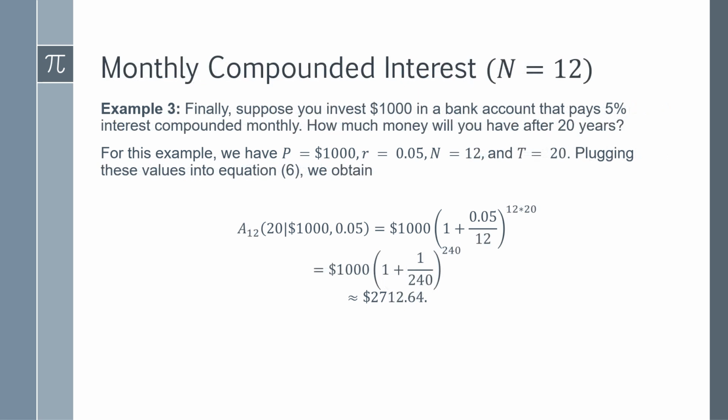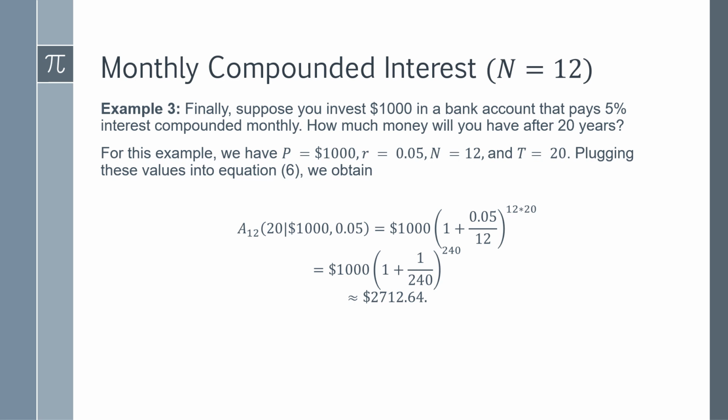Finally, suppose you invest $1,000 in a bank account that pays 5% interest compounded monthly. How much money will you have after 20 years? For this example, we have P is 1,000, r equals 0.05, n equals 12, and t equals 20.